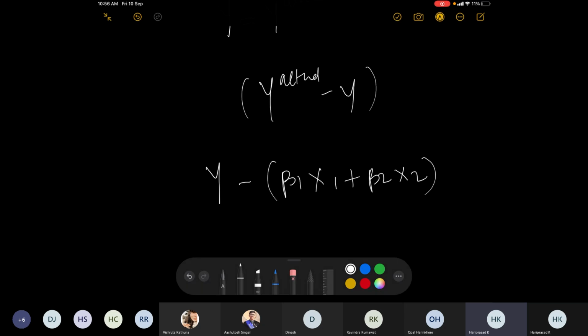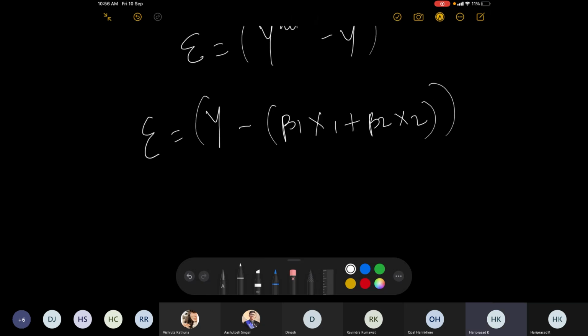You don't know about uncertainty, so you will have to leave it as it is. So this error you are minimizing.